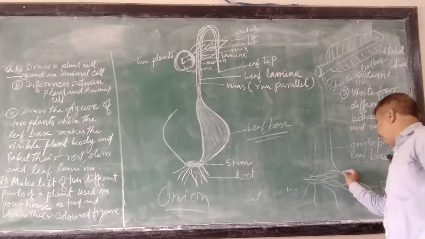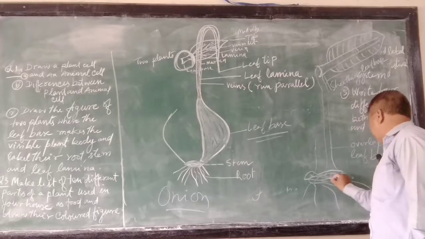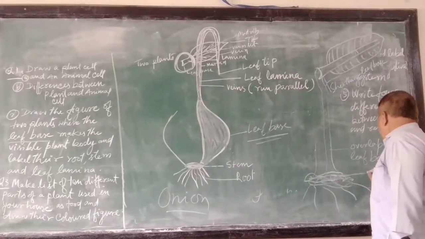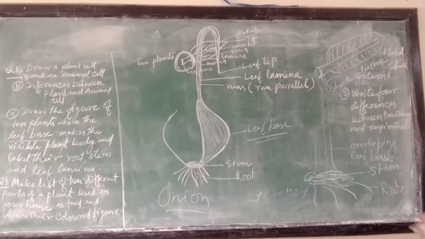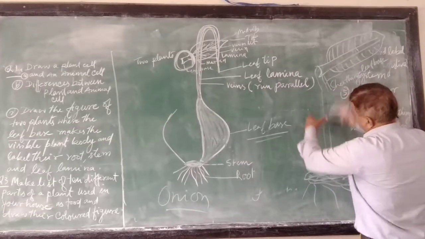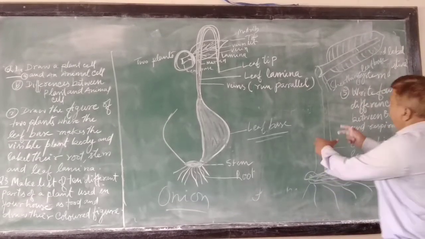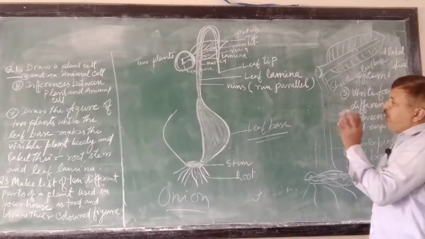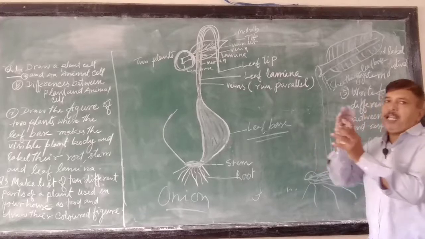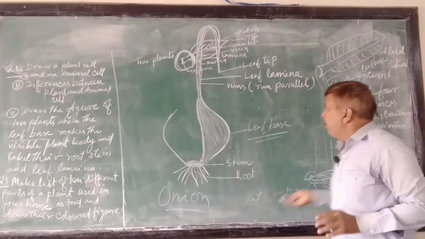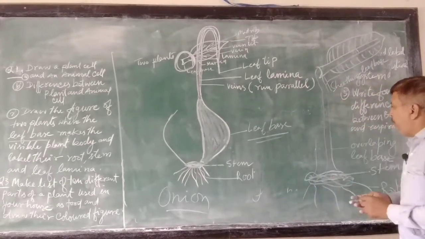And where is the stem? This thick comb like structure under the ground is the stem in case of banana. So this full plant body that is visible outside is made up of overlapping leaf base. So many leaves overlap one and the other and they make this banana plant.